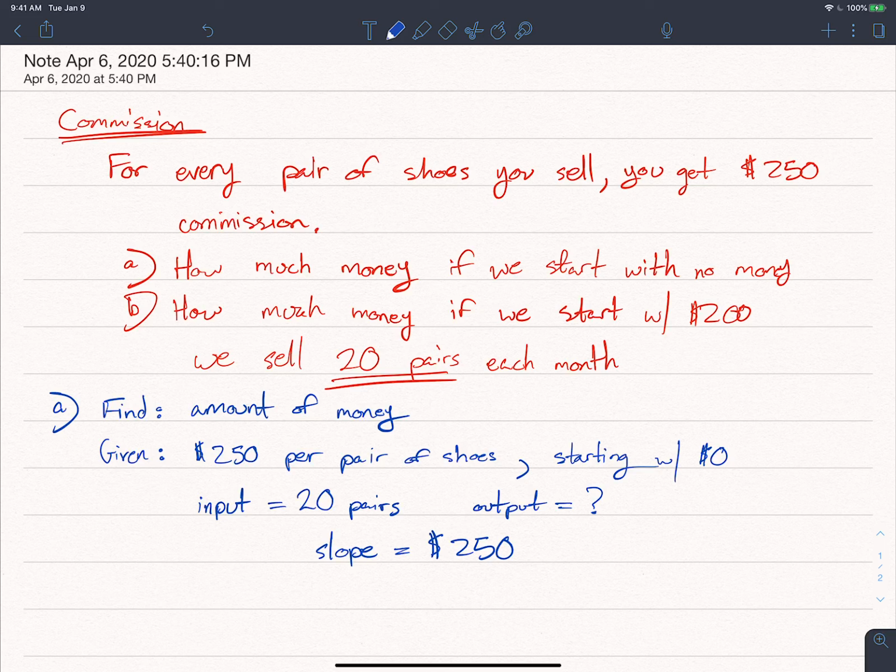We're going to multiply our input by $250. So what do we need to do now? We've done the find, we've done the given. Now all that's left is to do the solution.